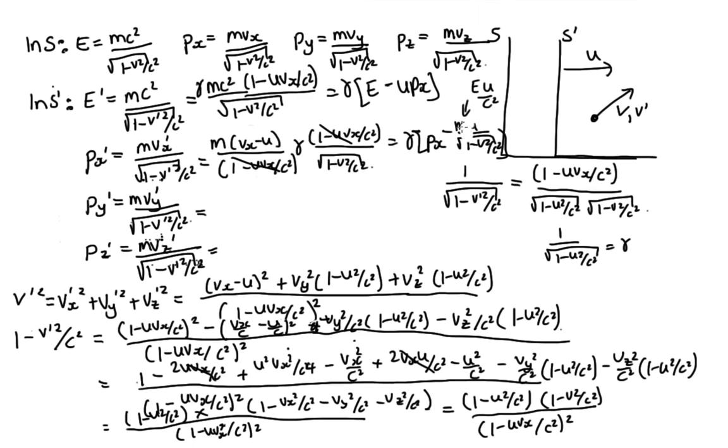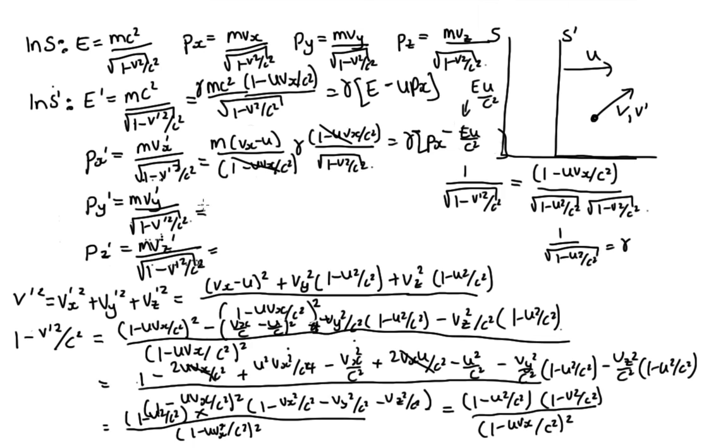So let's replace this with Eu on c squared. Now, as the reference frames are moving relative to each other in the x direction, so u is in the x direction, we would expect py and py prime to be the same and pz and pz prime to be the same.